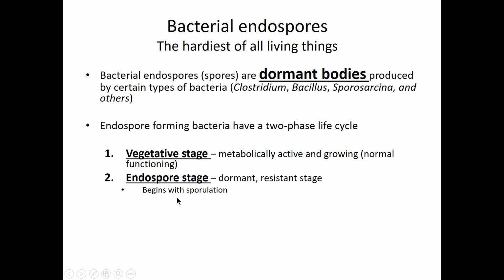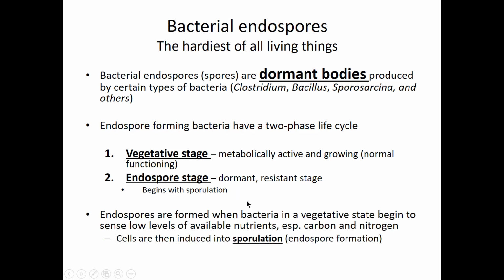So in a normal group of bacteria outside of the endospore class, they're just always in the vegetative state. However, when it comes down to endospore bacteria, suddenly we now have a differential state. We can be in the vegetative and/or the endospore state. And this is where we have a dormant and highly resistant stage.